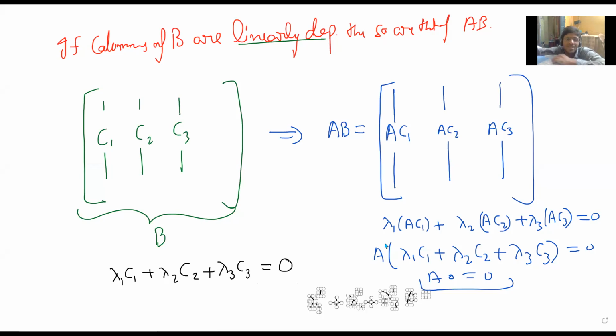It is just better to say that at least one of them is not zero. Same thing. That's the meaning of linear combination. Otherwise, everything is linearly dependent.